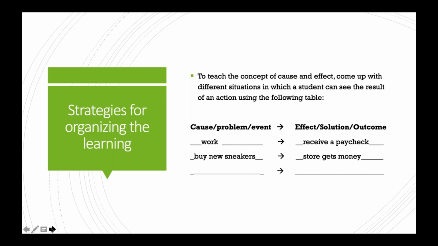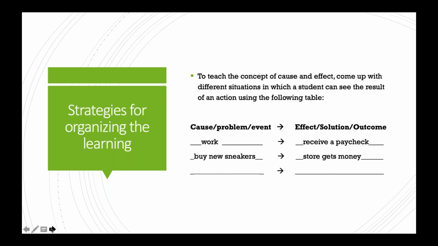Another way that you can do this, if we're going back to that cause-effect type of concept, is giving them practical scenarios where they can see cause-effect, and then connecting that to something more abstract that they're going to be learning in your unit. So, looking at the cause, okay, I go to work and the effect is I receive a paycheck.